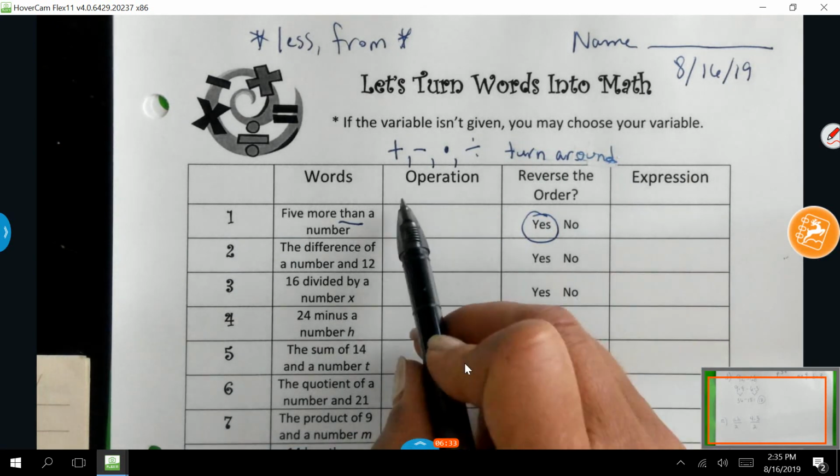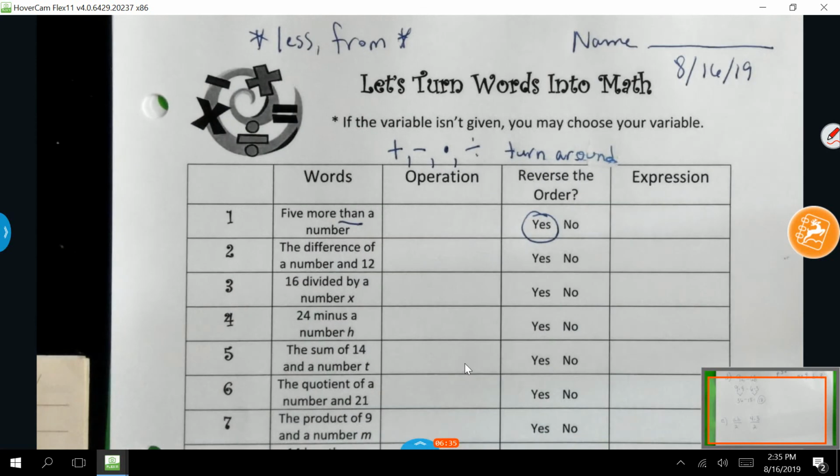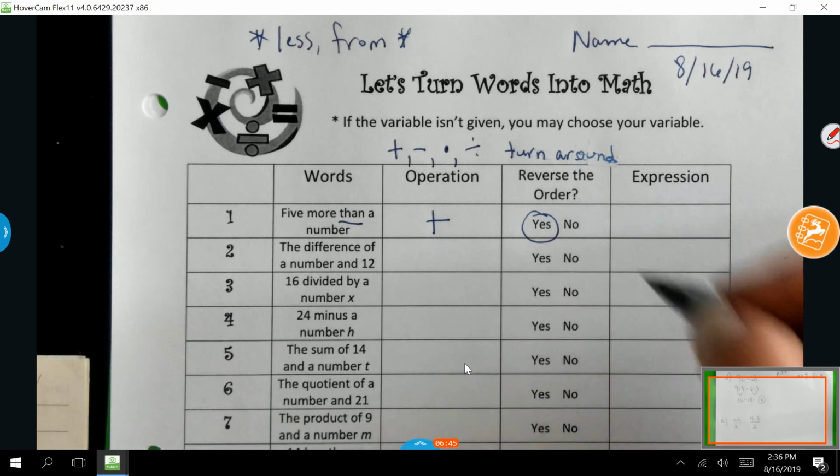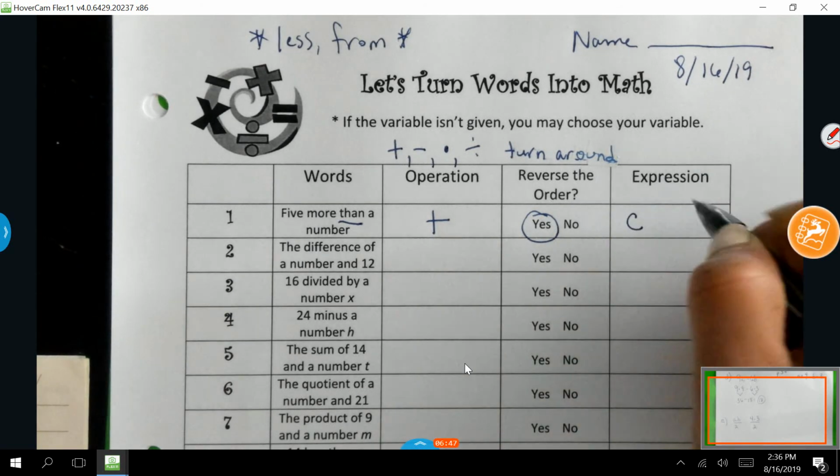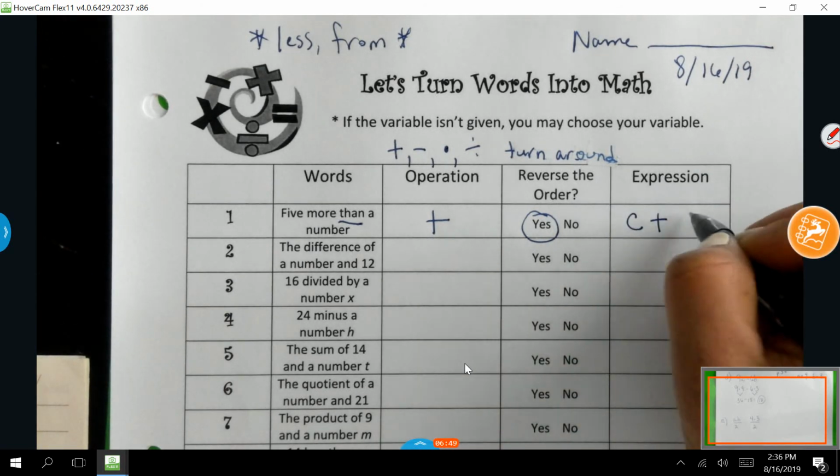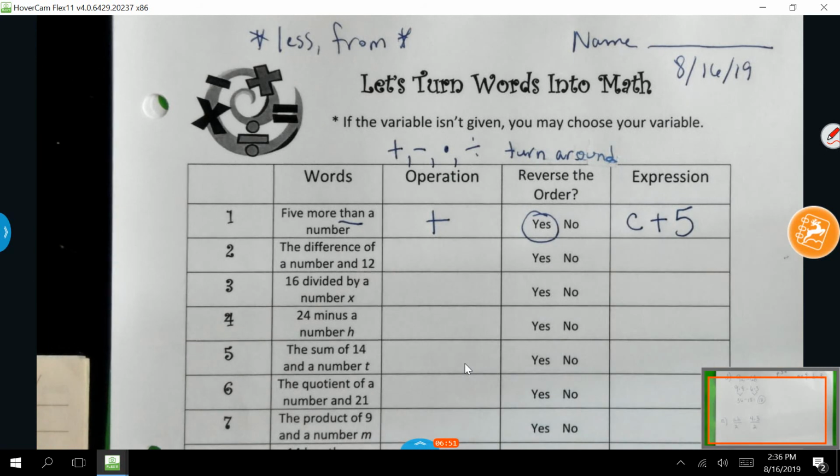So what operation is this? More than. Is that addition, subtraction, multiplication? It is addition. It does not specify a variable. What variable would you guys like to use? C. So C plus 5. 5 more than a number. You could use n, you can use x, but most of these will give you a variable.